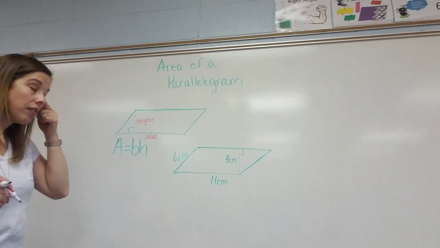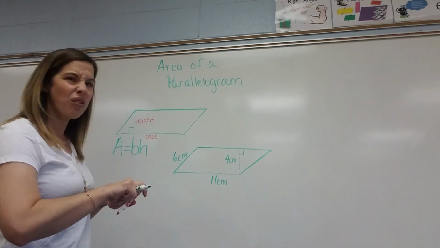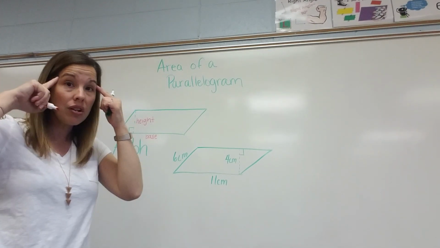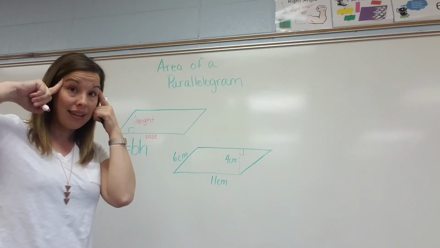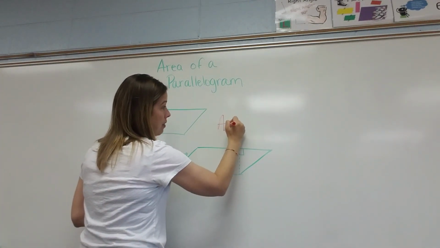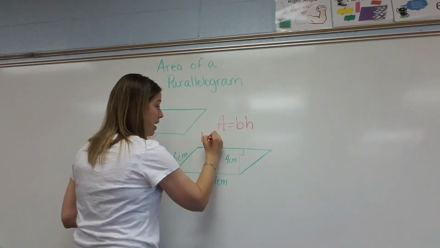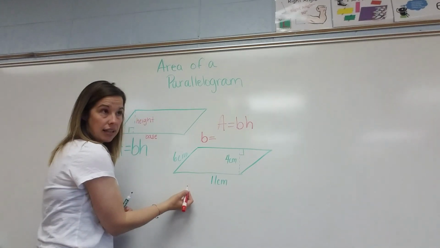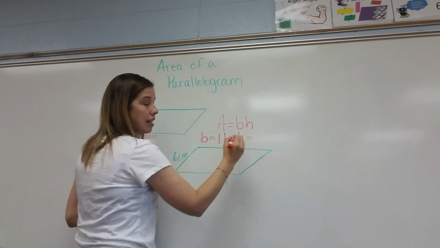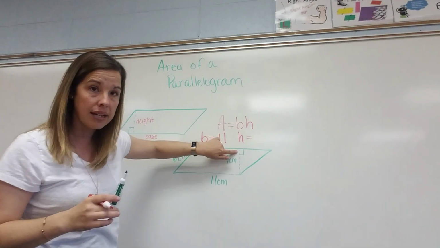Okay, so if you look at this first example here, we have our parallelogram. And if you look, there's 3 numbers. Sometimes they do this to trick people, okay, but also to know that you know which one the height is. Okay, so if we're going to find the area of this, we've got to take our base times our height. So our base is the 11 here, okay, because it's the bottom one. And our height, if you remember, has to intersect the base at a 90-degree angle.